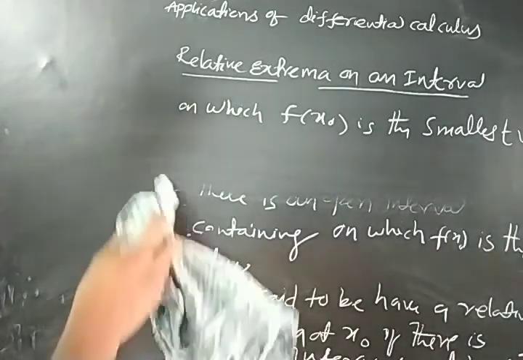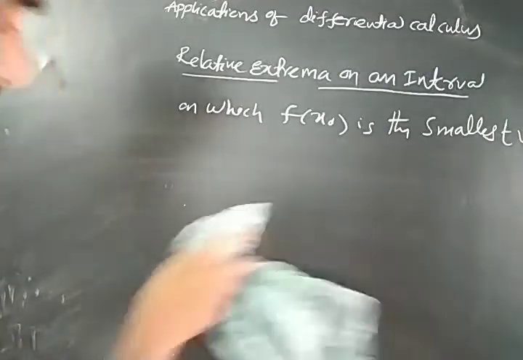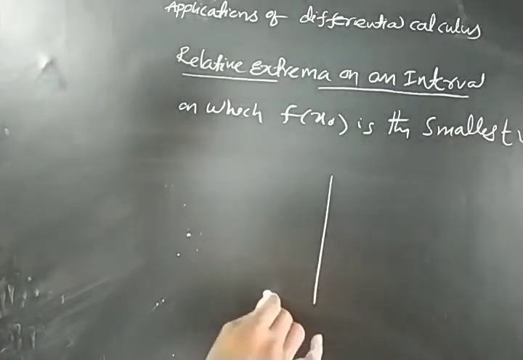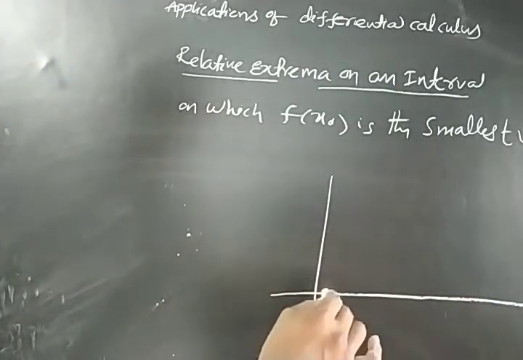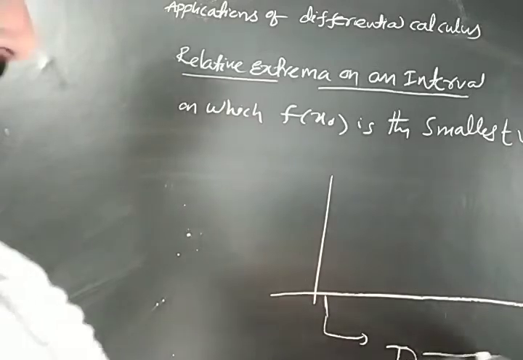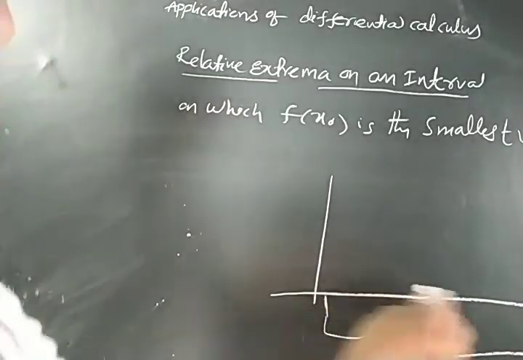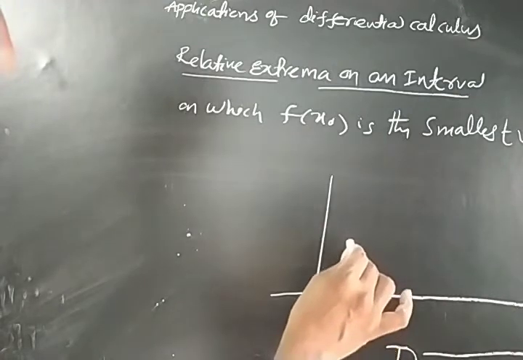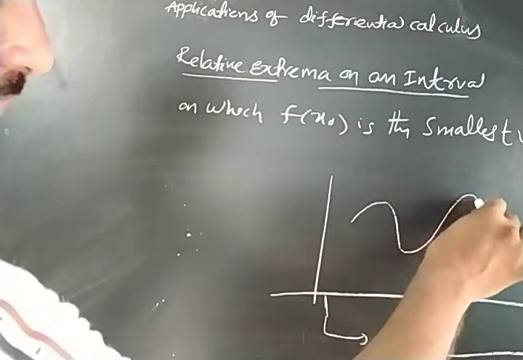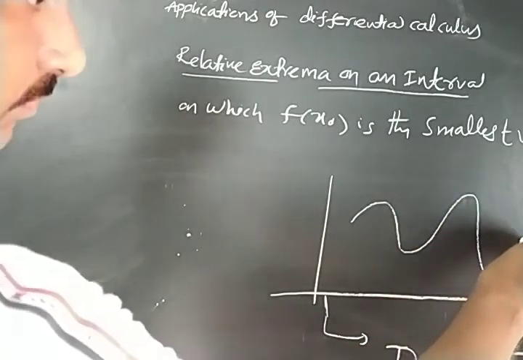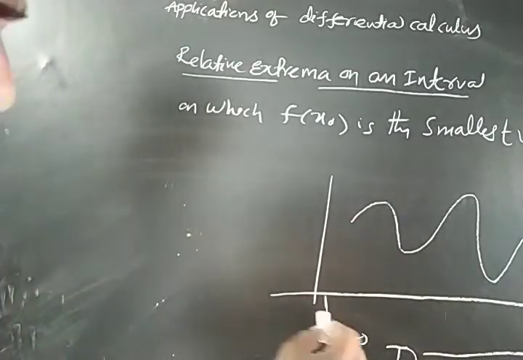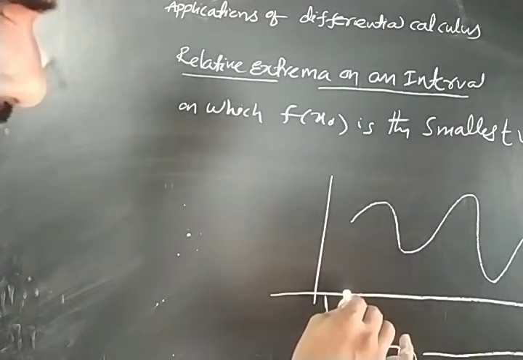And one more thing, the relative maxima may not be the largest value in the entire domain. For example, let me explain with one example. Suppose I am taking the domain, total domain from here to here. This is the domain, denoted by D. So some part on the x-axis I am taking as the domain, and taking the curve like this. Now suppose I am taking some sub-intervals, open intervals.